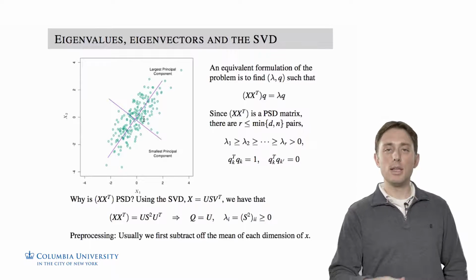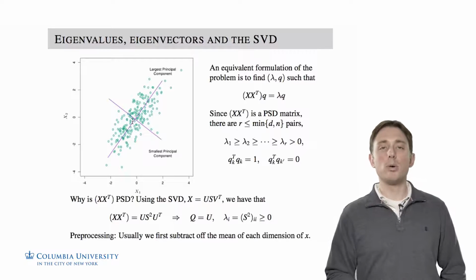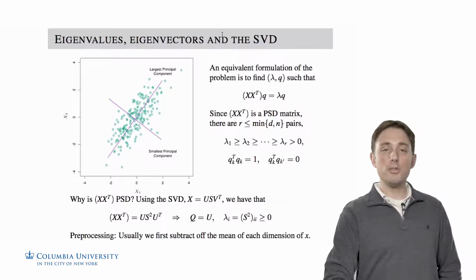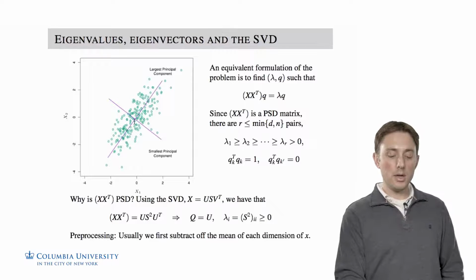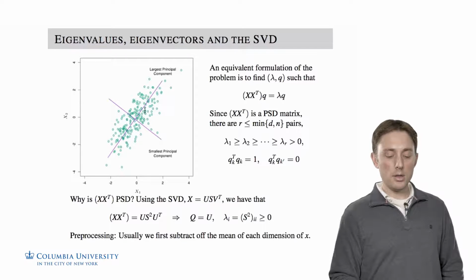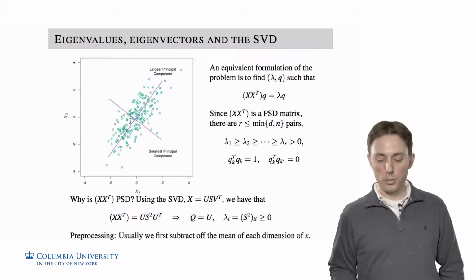That comes from the fact that these principal components have to pass through the origin. If you imagine this data set shifted very far away from the origin, it would be much harder to find such a nice representation if this were rotated a little bit.